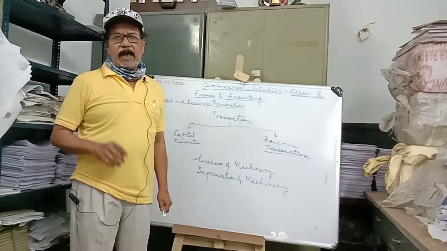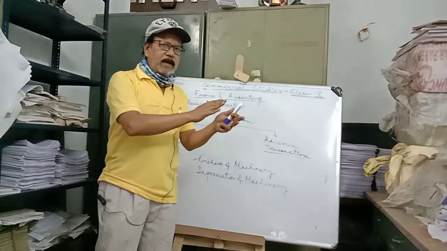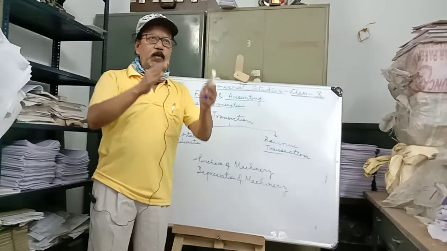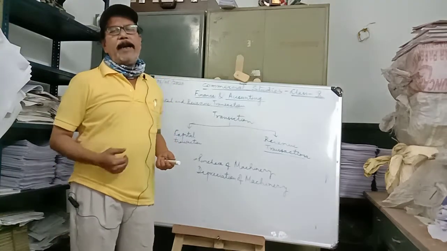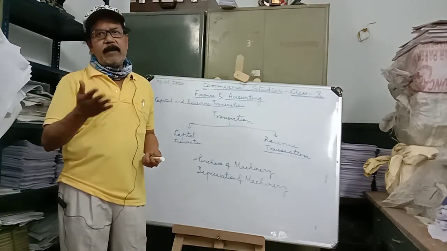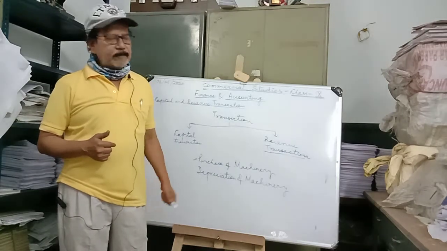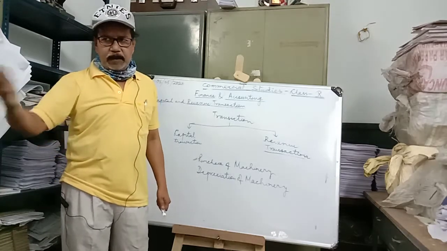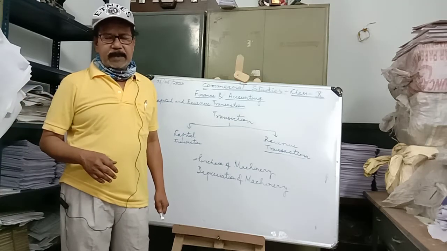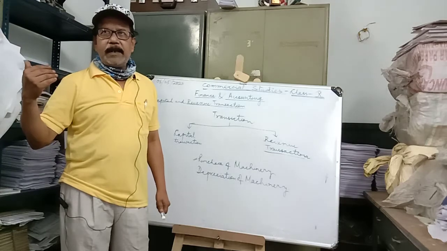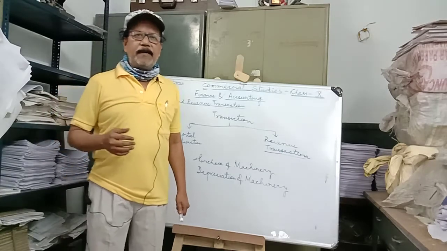Payment of salary, received interest on investment. We have invested some money. The concern has invested certain money in the bank, or in any other company's shares or debentures like that, and earns interest. Every year it will earn that interest. So these types of transactions are called revenue transactions. Payment of salary to the employees, payment of electric bill, payment of repairing charges, all these are called revenue transactions.